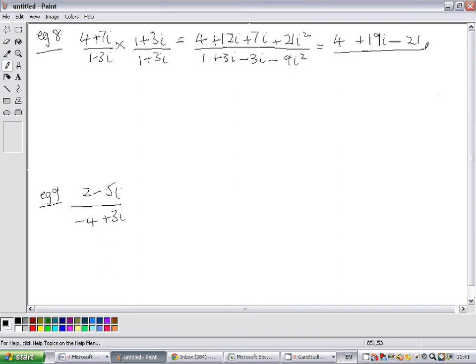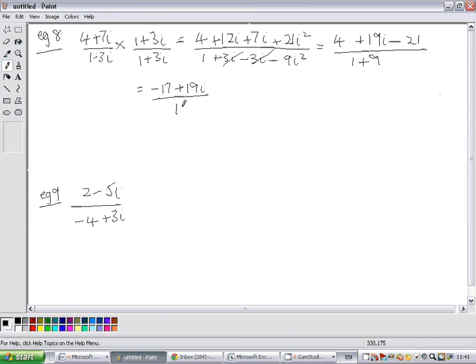In the denominator, the 3i and the minus 3i cancel, and we're going to get 1, and then this is going to become a plus 9, that becomes 10 on the denominator. So we end up with 4 minus 21, which is minus 17, plus 19i, divided by 10.